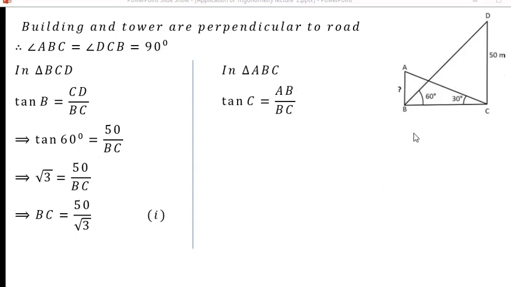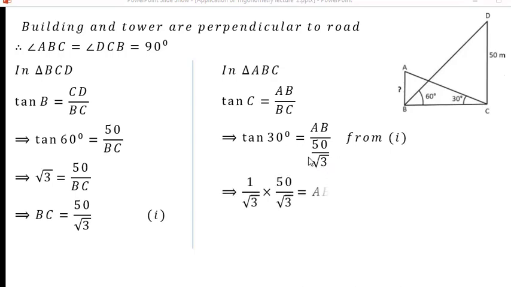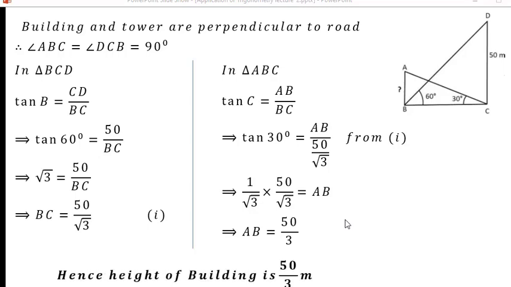In triangle ABC we use tan 30 degree, that is tan C, which is AB upon BC. As we have the value of BC, we will put this value and get AB. So AB is tan 30, which is 1 upon root 3, multiplied by 50 upon root 3. This gives me AB as 50 upon 3 meter. So the height of the building is 50 upon 3 meter.